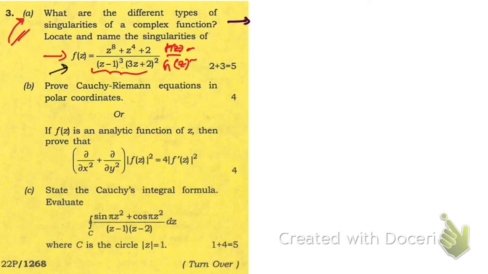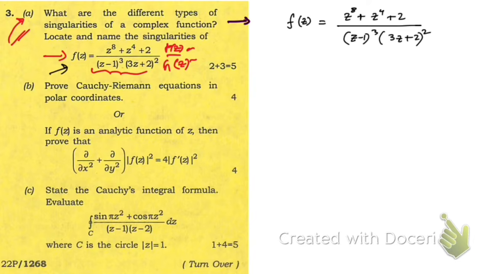The given function is f of z equals z to the power 8 plus z to the power 4 plus 2 divided by z minus 1 whole cube into 3z plus 2 whole square, right? So just equate the denominator, that is z minus 1 whole to the power 3 and 3z plus 2 whole square, with 0.